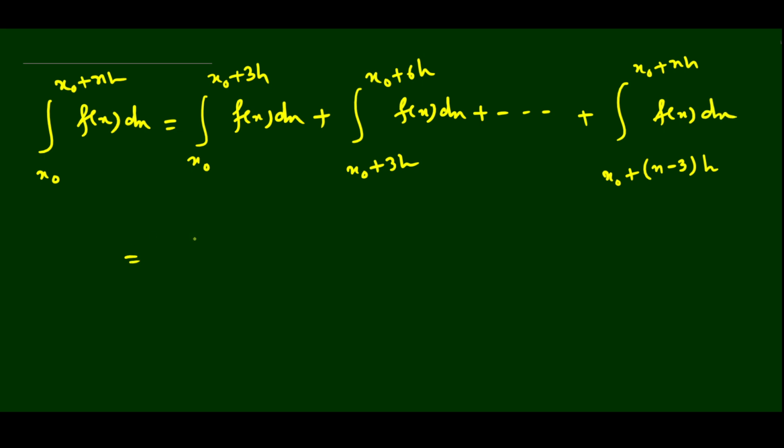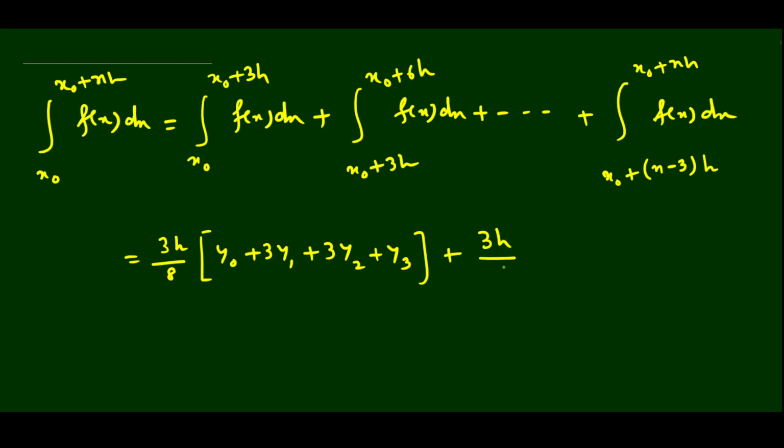So let us put all these values because we have already calculated. 3h/8: first one is y0, 3y1, 3y2, then y3. Then next one will be 3h/8, y3, 3y4, 3y5, y6.